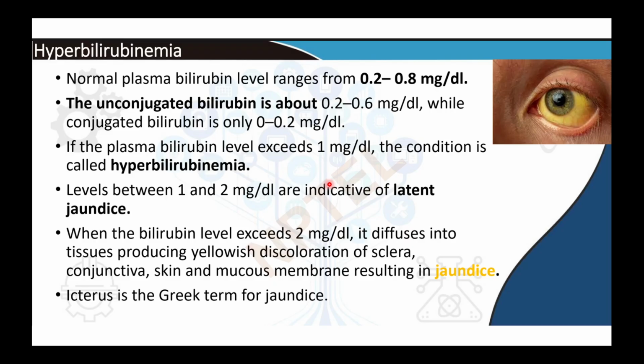That is due to the excess bilirubin levels diffusing into the tissues. So when the plasma bilirubin level increases, it diffuses into the tissues, leading to jaundice. I hope that's clear.